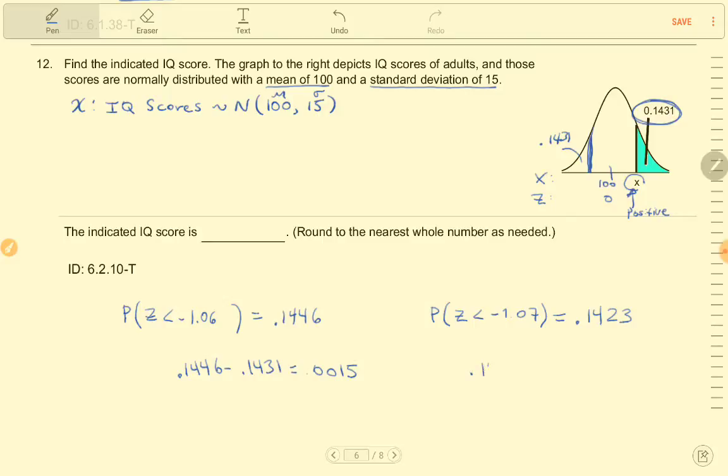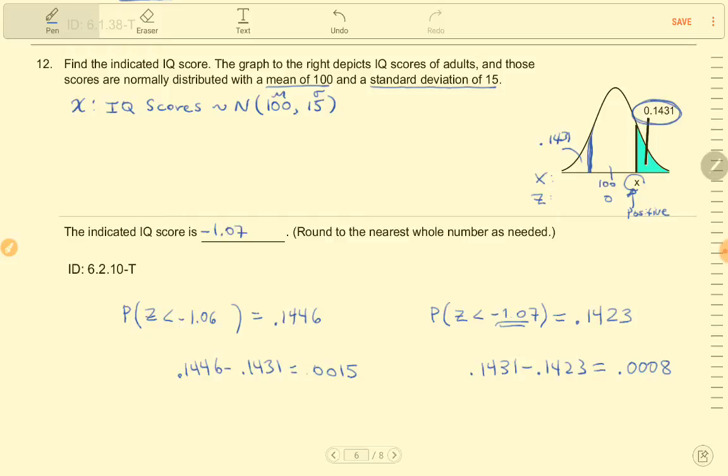This one is 0.0008. So this is actually closer.